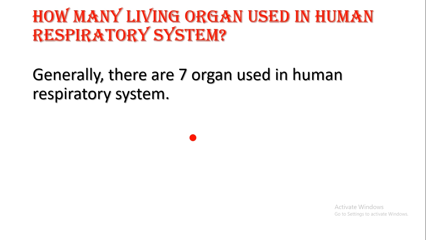So to answer the question, generally there are 7 organs used in the human respiratory system. So my dear students, later on we will discuss it, and this is a revision class. During our regular class we already discussed that we have 7 organs that are used in the human respiratory system.